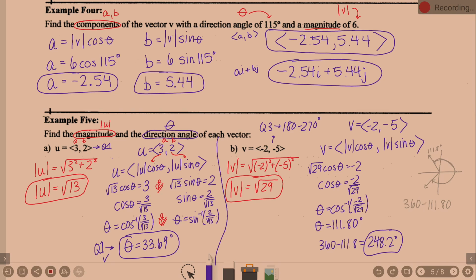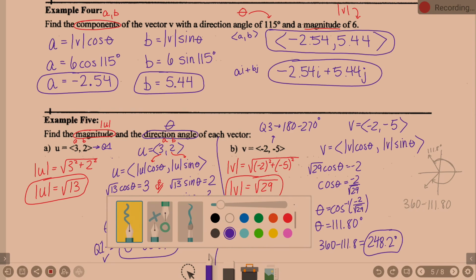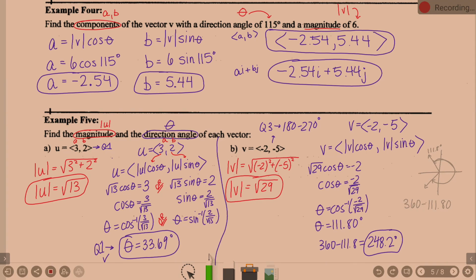Double checking here before I say it. So the other one, if you went the sine direction, you got negative 68, right? Yep. And so negative 68.2.